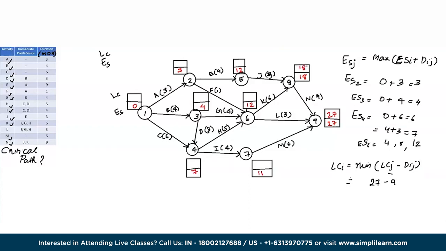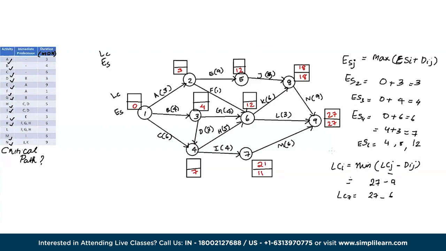So let's put that here. So latest completion time for node 8 is 18. Let's have a look at number 7. Here again, we have a direct connection between node 7 and node 9. So therefore, we can find the latest completion time for node 7 by directly applying the formula, which is 27 minus 6, which is 21. So let's write that down.